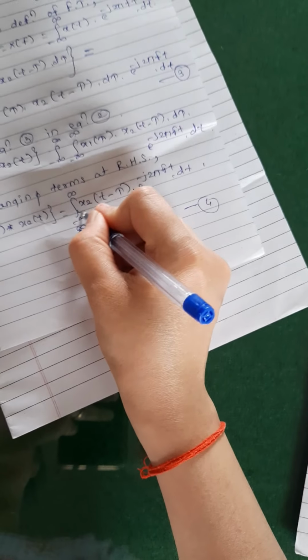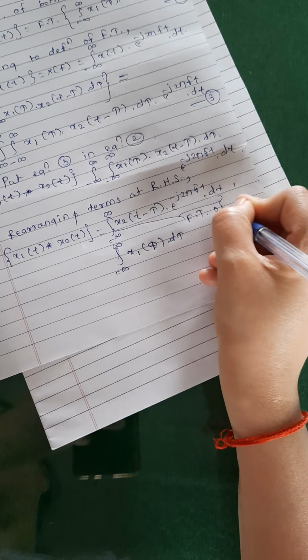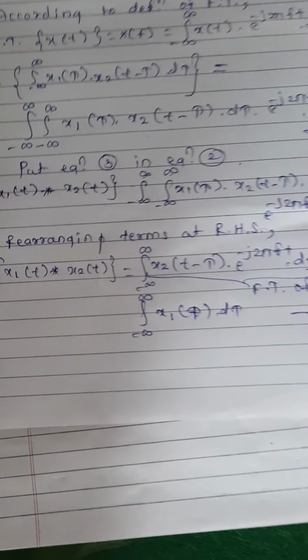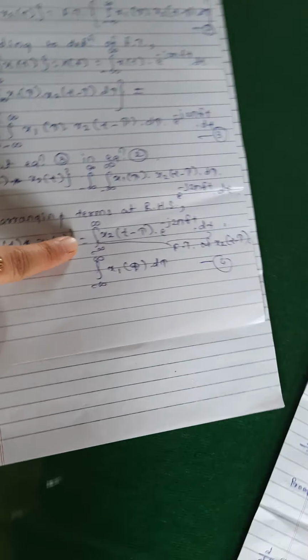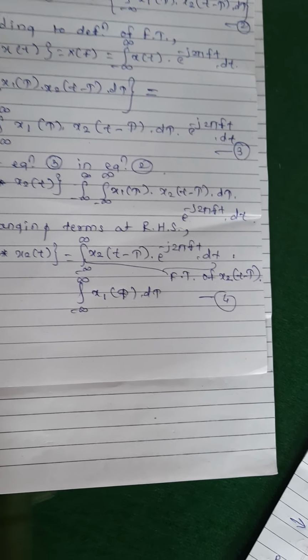Now this first integration term represents the Fourier transform of x2(t minus tau).